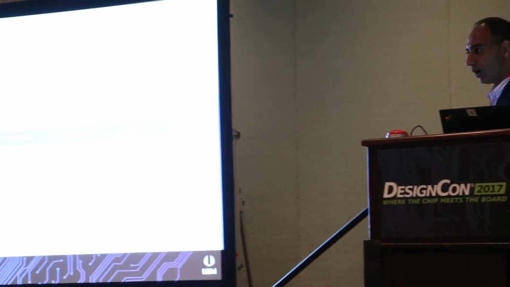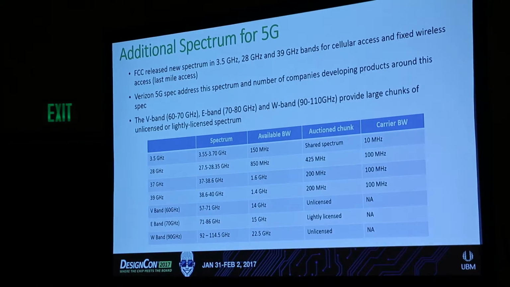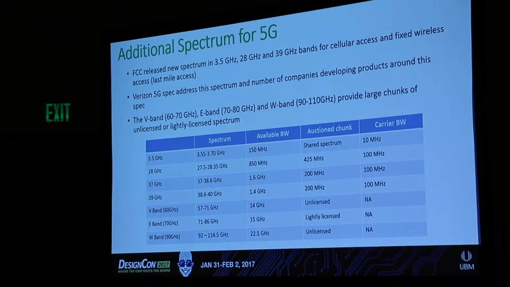Okay? The first one is what we talked about, additional spectrum. So what exactly are we seeing here? Today, much of the cellular communication is happening in what we call the sub 6 gigahertz band. In fact, it happens to be sub 3 gigahertz.